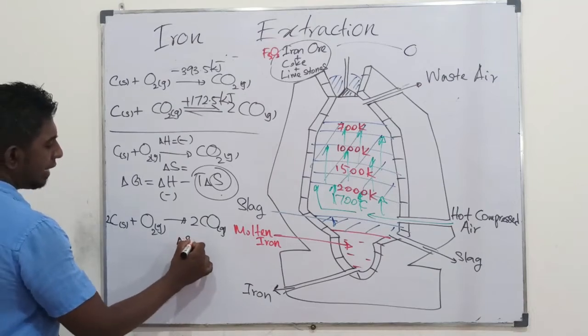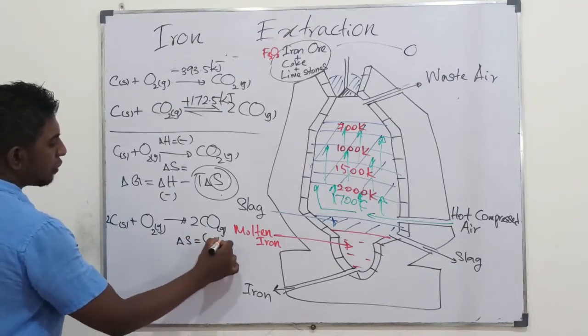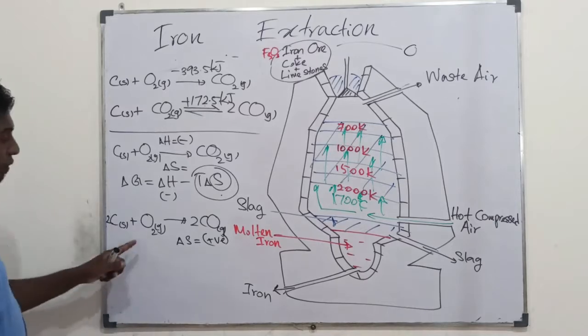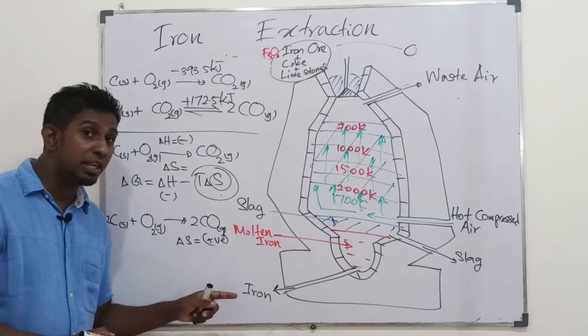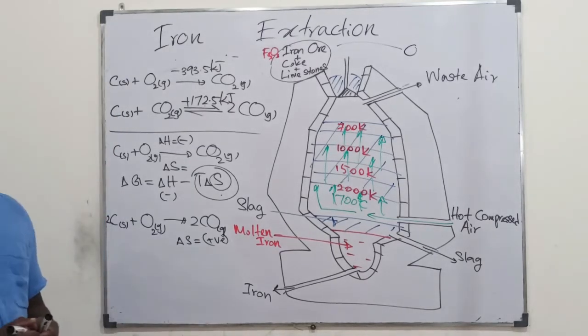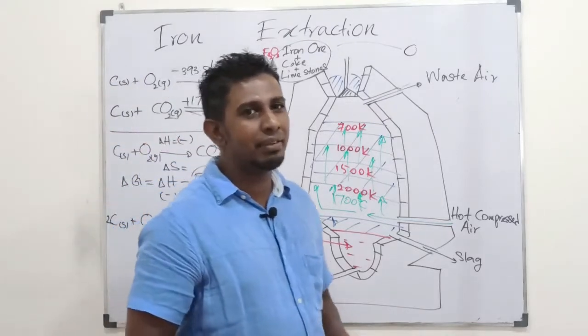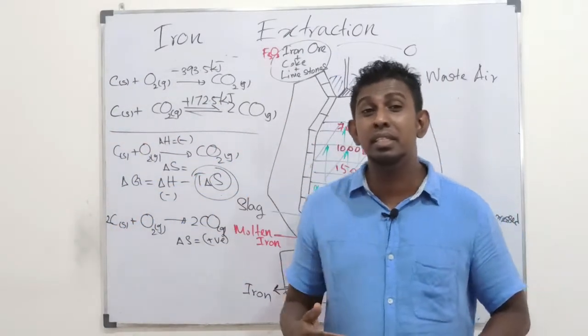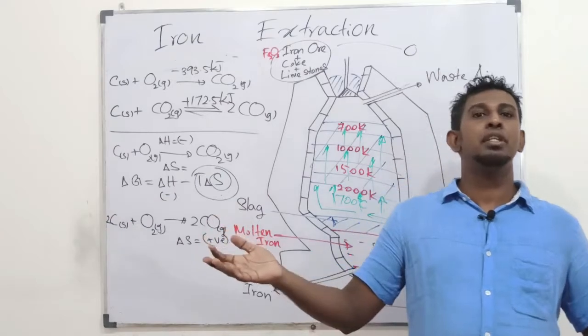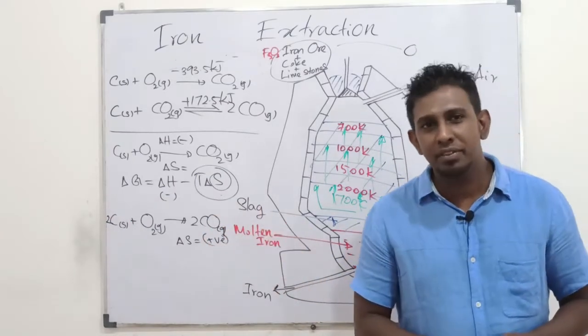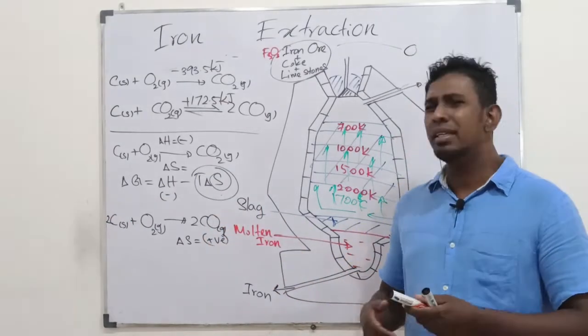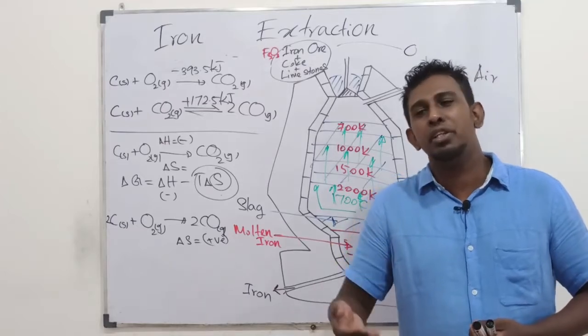Therefore, there is an entropy change. It is a positive entropy change. You could find that out using the balanced chemical equation. If the balanced chemical equation shows varying numbers of gaseous products and reactants, then you get a significant entropy change.